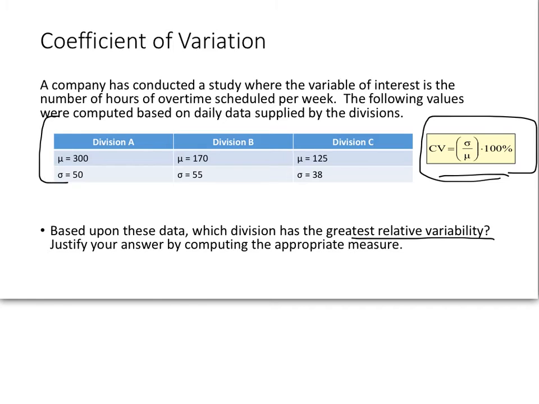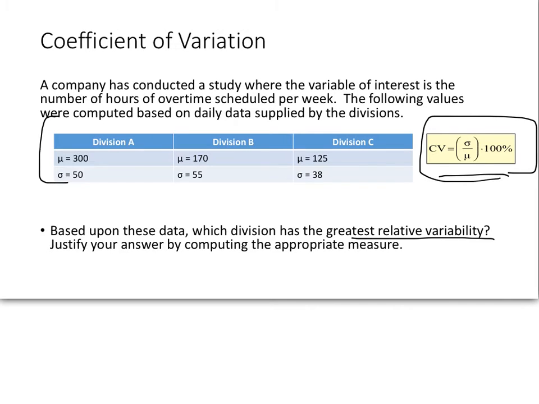So you can't just take the hours at face value and say Division A has the most variable overtime hours, because you don't have all of the information there. If you use the mean and standard deviation, you can get a comparable number.